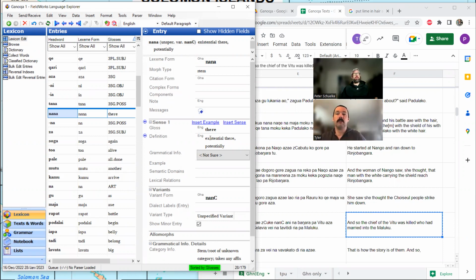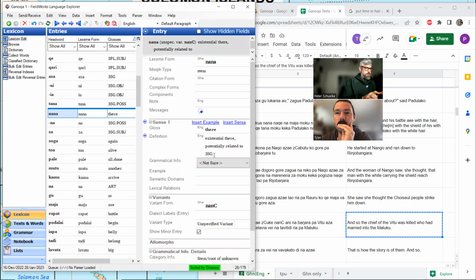For example, in the beginning of the stories that Pinge tells, often it's Kokwa Nana Sapopwa. So Kokoa, staying, Nana Sapopwa, in its places. It's really like long ago there was a place. Something like this. So potentially related to third singular clause. And so that's what I'm going to leave there in our dictionary.